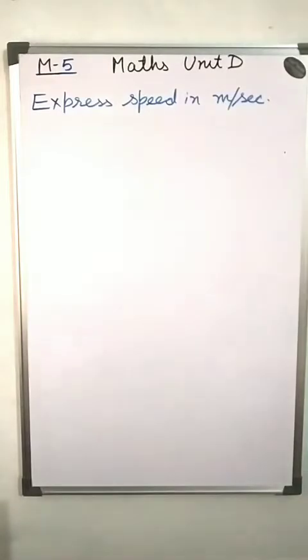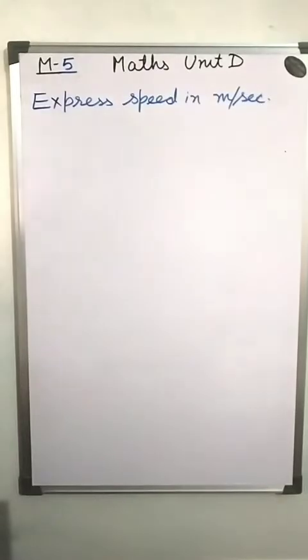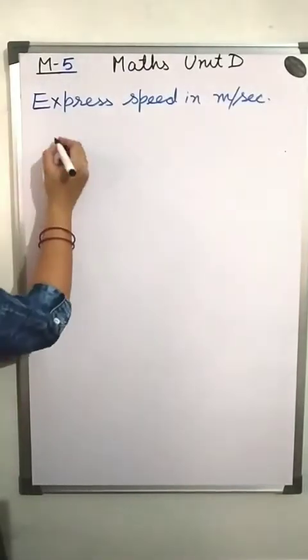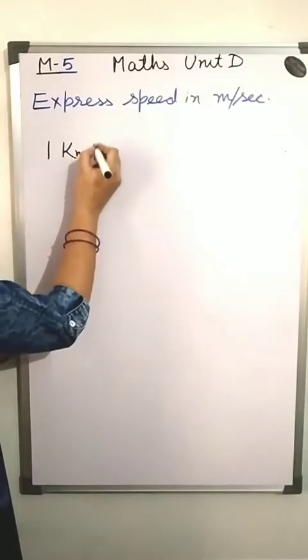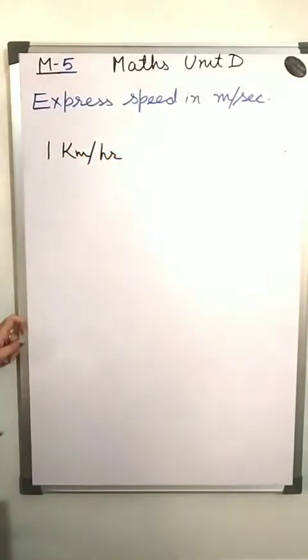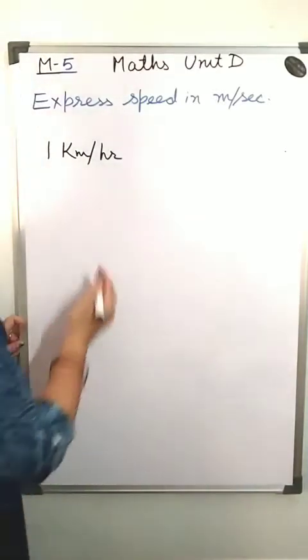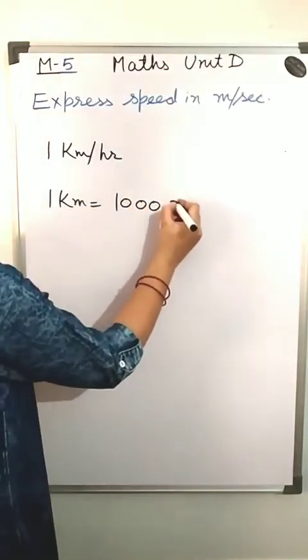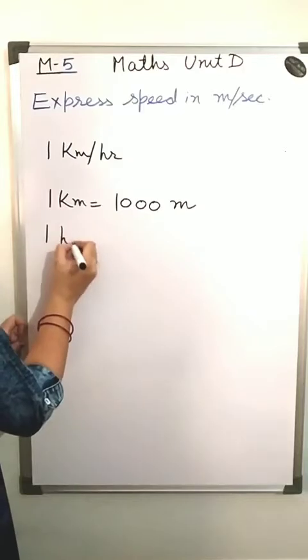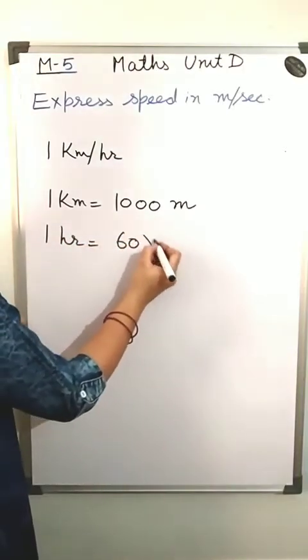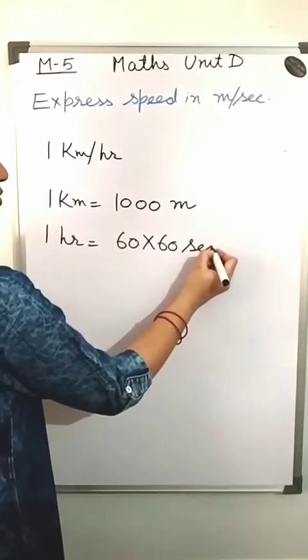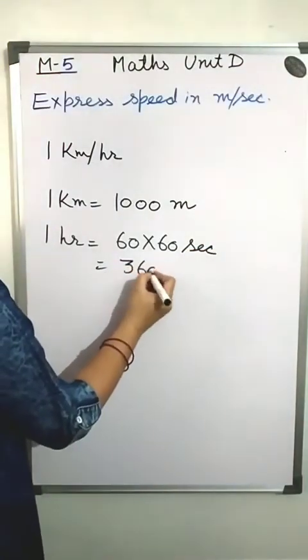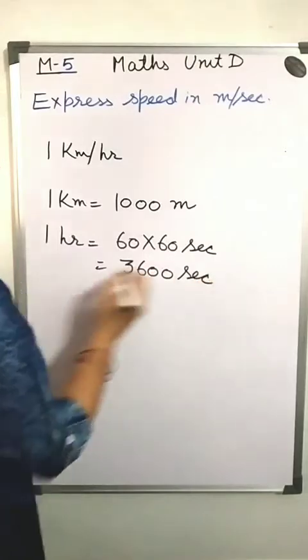Now come to module number 5. Here in this question you have to express speed in meter per second. So before explanation of this question, just look here. How do we convert 1 kilometer per hour into meter per second? 1 kilometer is equal to 1000 meter and 1 hour is equal to 60 minutes, then 60 seconds, or you can write 3600 seconds.